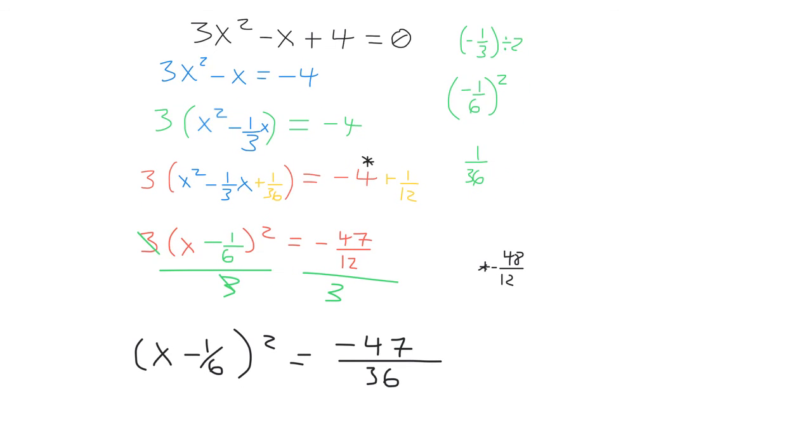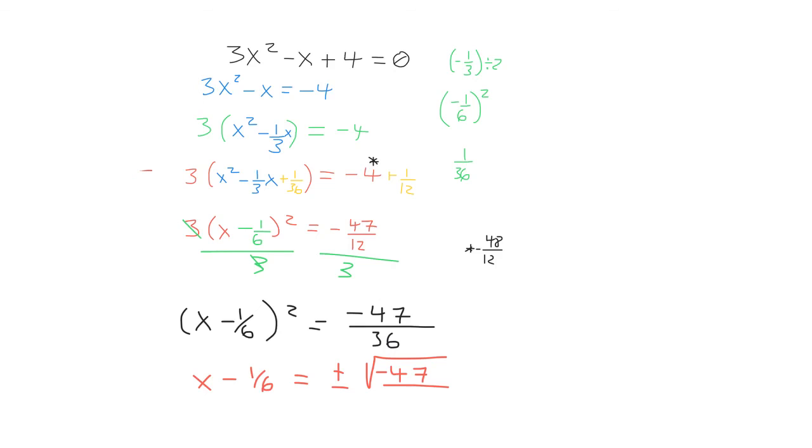And then when I do the square root of both sides, it's going to become x minus 1/6 equals plus or minus radical negative 47 over 36. And this radical applies to the top and bottom. And it turns out that there is some simplification that could be done here. I'm going to get to that soon.